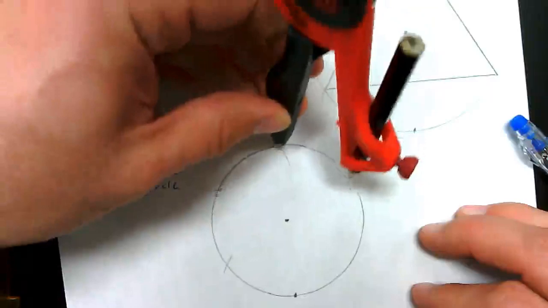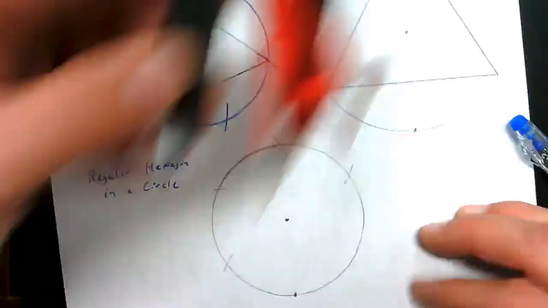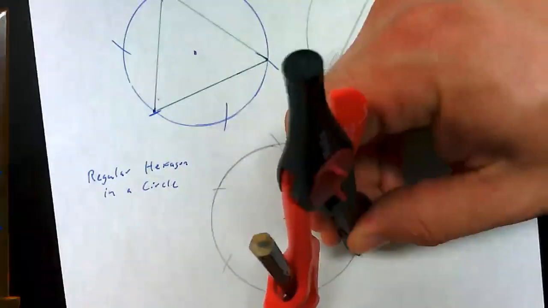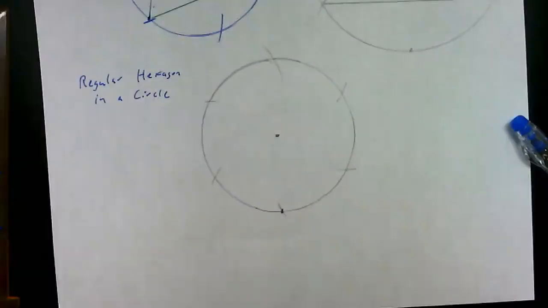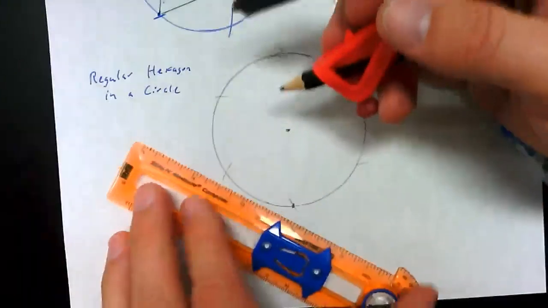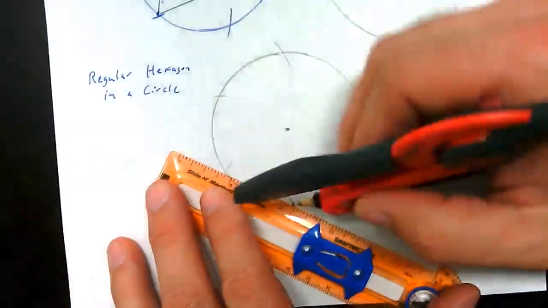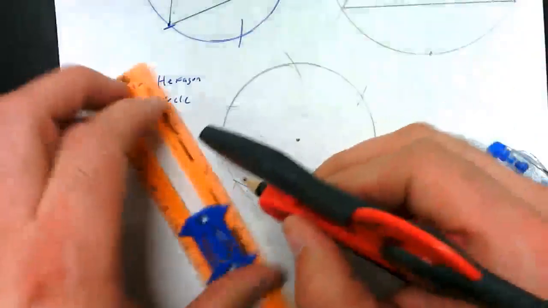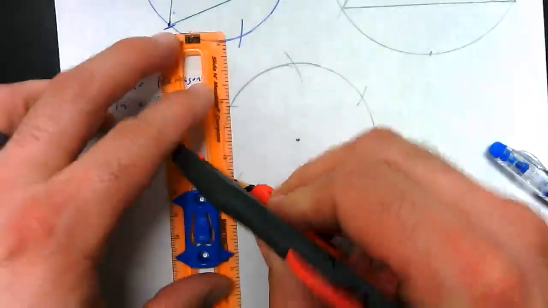So I should end up with 6 equally spaced. Again, if it's perfectly accurate, it'll go right back to where we started. So we have 6 equally spaced marks. Take a straight edge, line it up, and connect every single consecutive point.